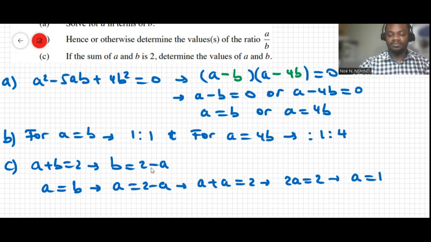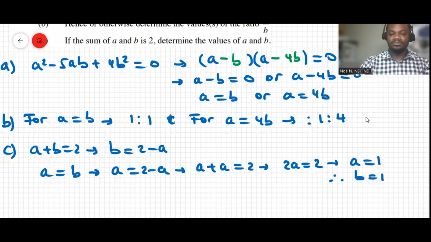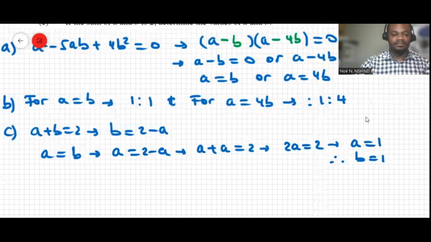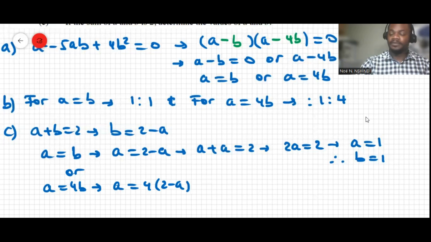Therefore, b is also equal to 1. Or a equals 4b will be a equals 4 open bracket 2 minus a, okay, because we found that b is just 2 minus a.